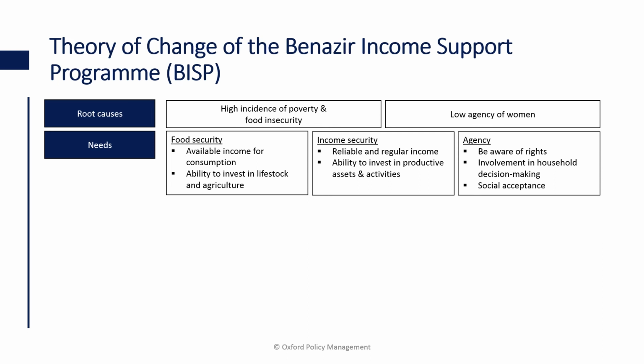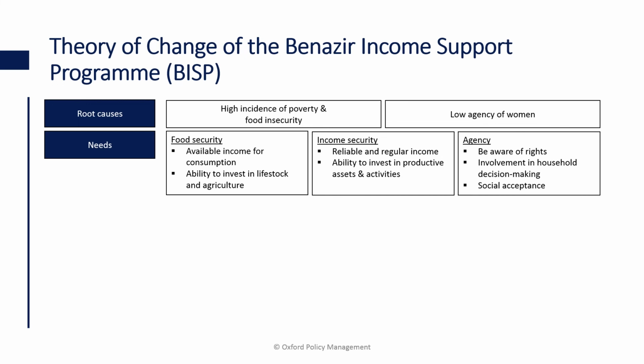How independent, educated, and working a woman is to make household decisions, decisions of her life, decisions about children, that is actually the agency. And what matters is how a social protection program improves the agency of women.